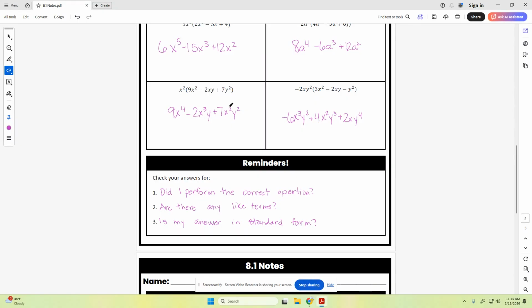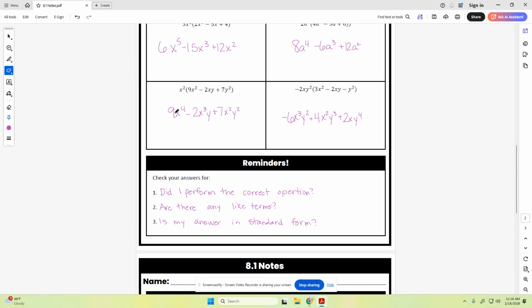It's a little trickier when you have multiple variables. So within each term, your variables have to be in alphabetical order. So in this, where I had x's and y's, I need the x before the y. And then you're going to put them in descending order by alphabetical order. So they're going to go in descending order based on x's variables first.